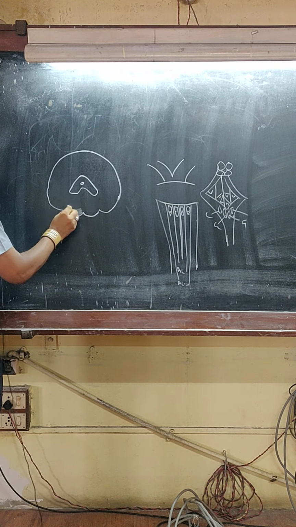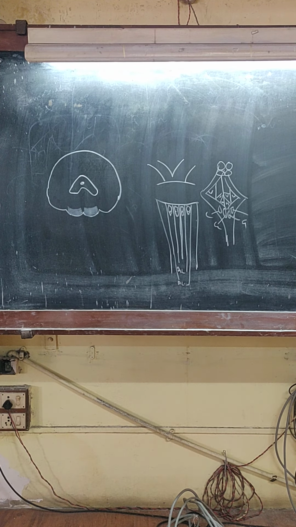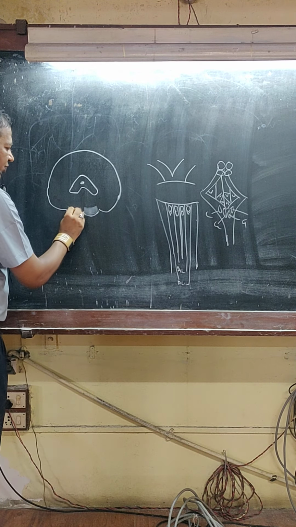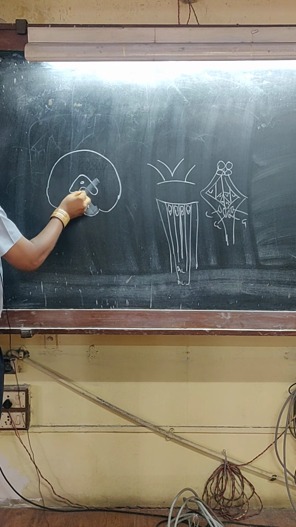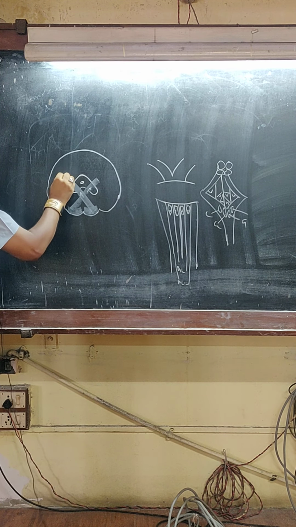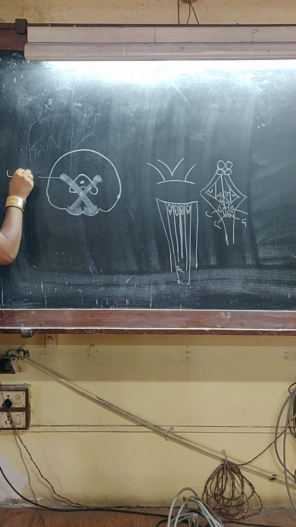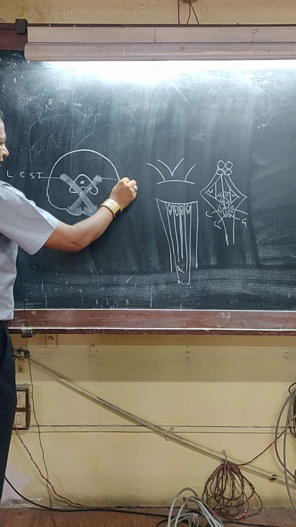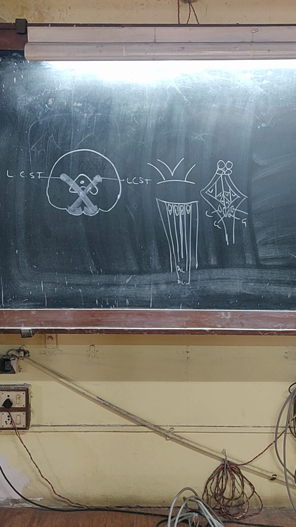What is there inside the pyramids? Corticospinal tract or pyramidal tract. So this is the level of pyramidal decussation. Fibers from the pyramid are going to the opposite side, and there they form what is called the lateral corticospinal tract.